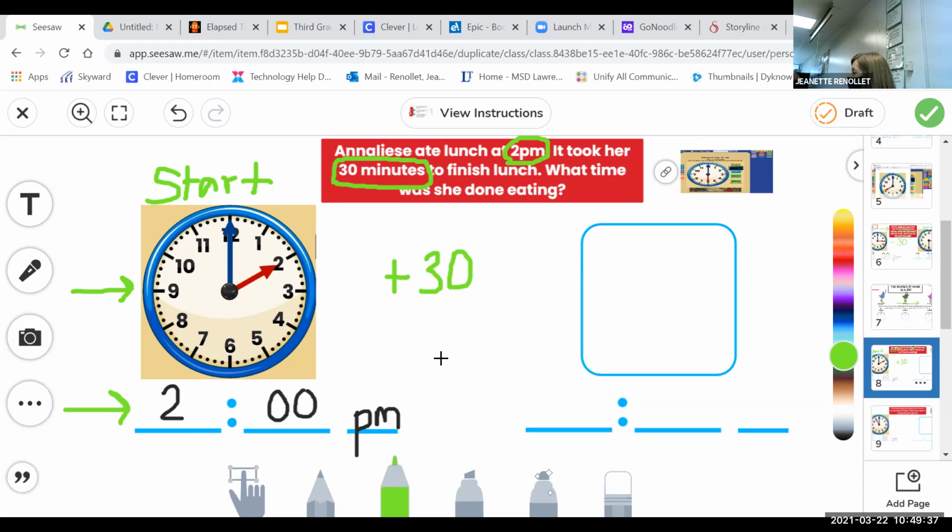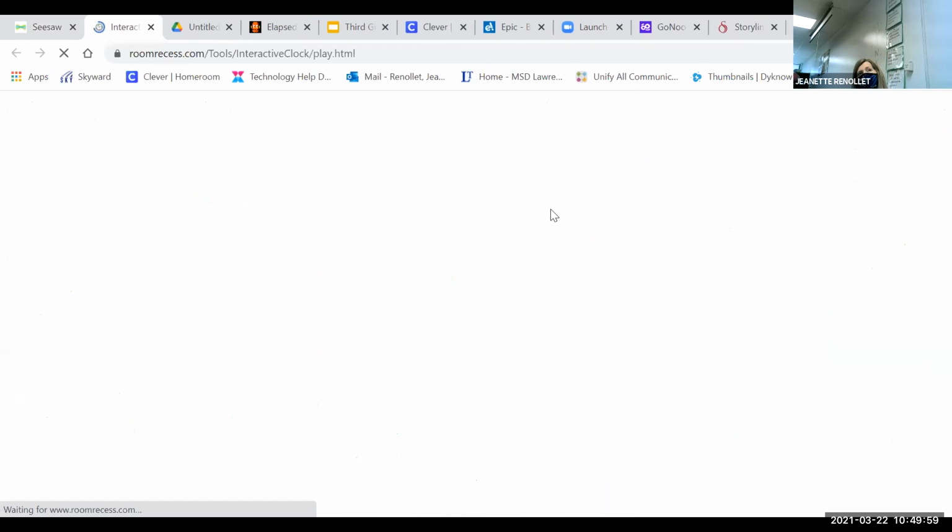I want you to show me using your clock tool. Up at the right-hand corner, you have the link to our clock tool. I want you to open it up and show on your clock the start time. Our start time is 2:00 p.m. Let's do that together.